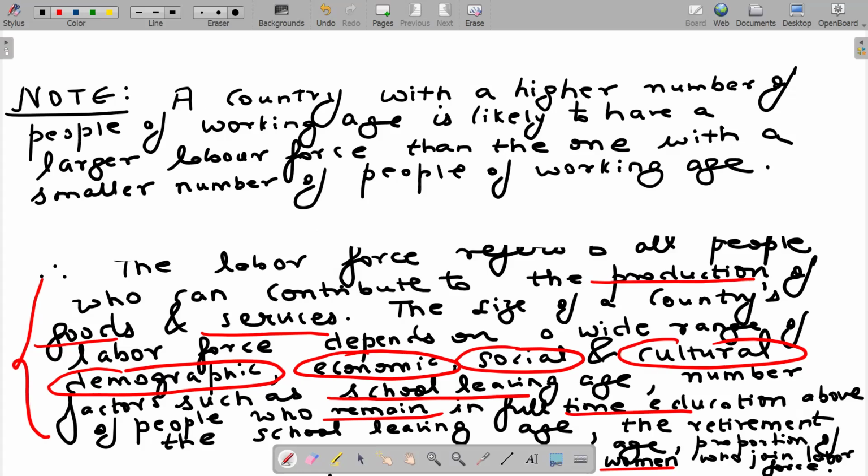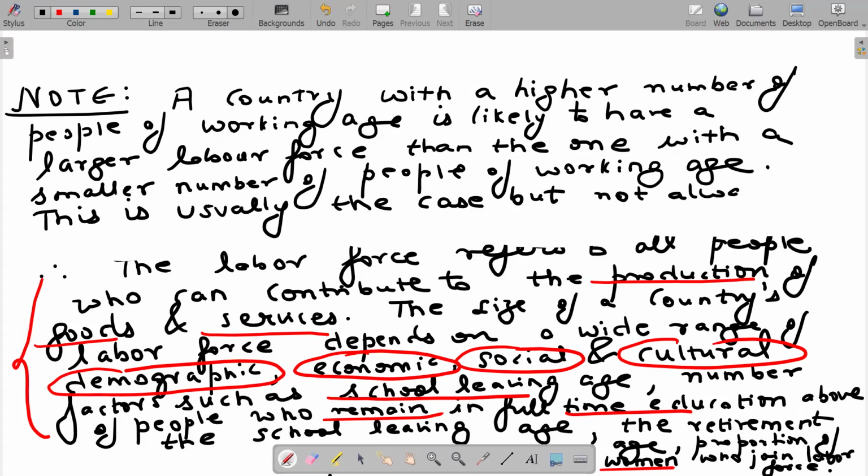It is not compulsory that the more working people, the more labor force. It is usually the case, but not always. Usually, one can see that the more people in the working age, the larger the labor force.